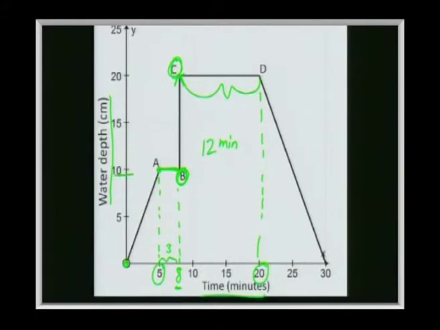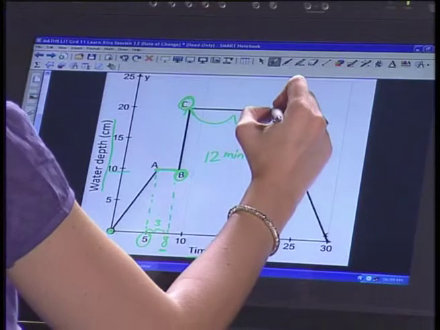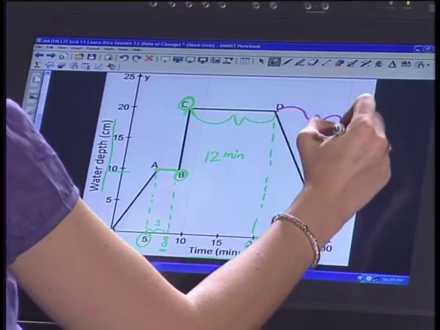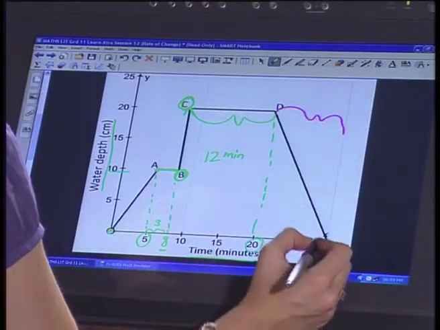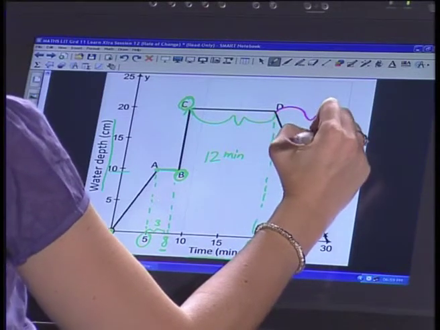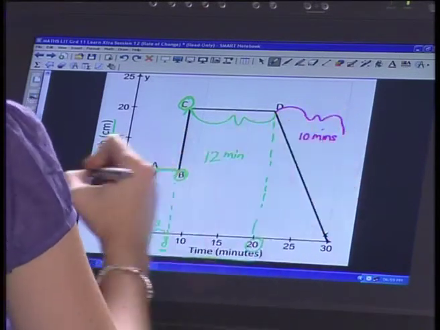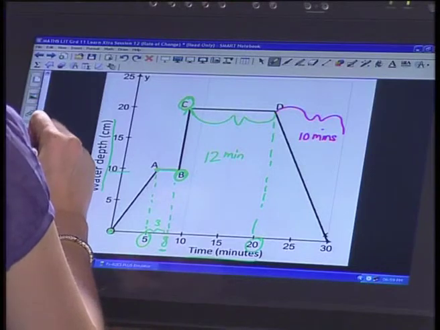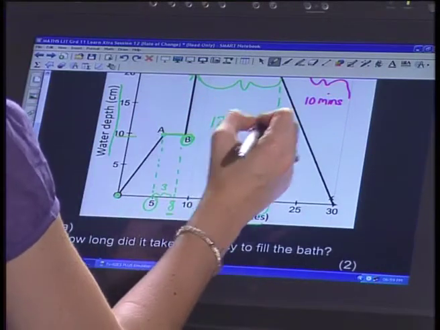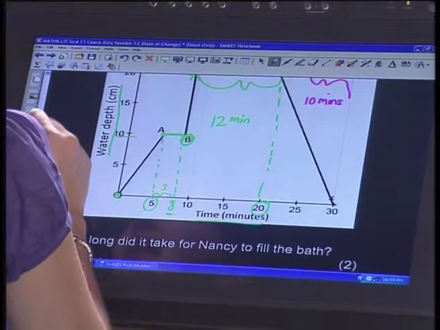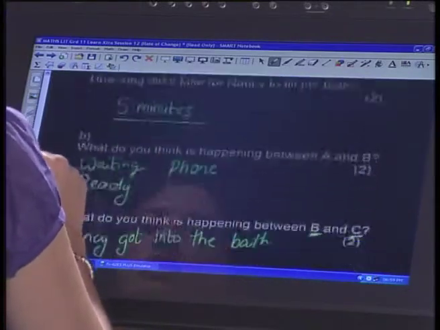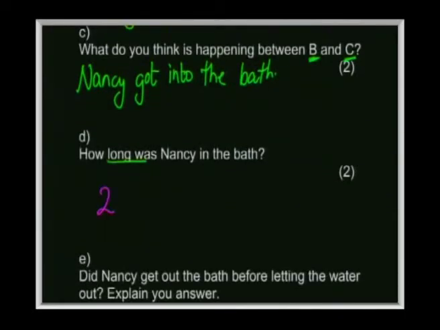the bath for 12 minutes, and then she let the plug out, and she was in the bath as it was emptying for a further, between 20 and 30 minutes, which is 10 minutes. So I would say that Nancy was in the bath for 12 minutes while it was full, and another 10 minutes while it was getting empty, which is a total of 22 minutes.